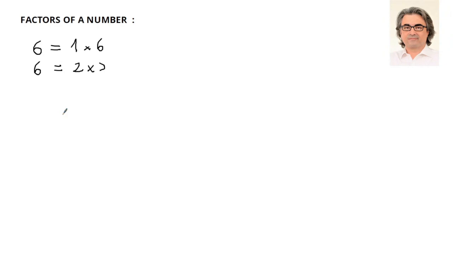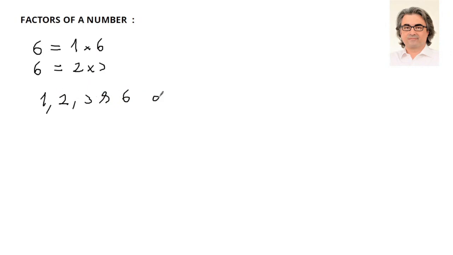No. So let's write all factors of 6 from smallest to greatest. The first one is 1. The second is 2, then 3 and 6.